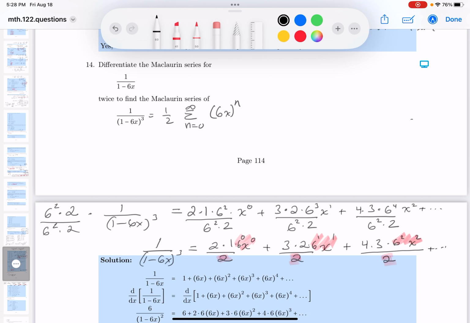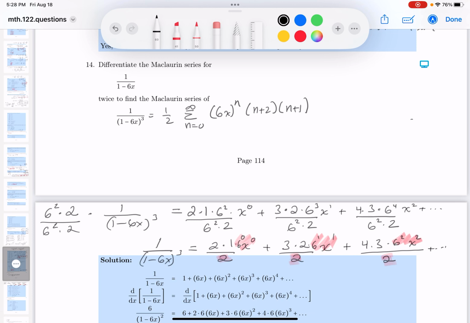Now let's look at these other guys. You've got 2 times 1, 3 times 2, 4 times 3. So I'm going to say it looks like, and I'll be careful about it, n plus 2 and n plus 1. And before I say that's what it is, I want to see if that's what it is. All right, so if I took n to be 0, I'd get 2 times 1. That looks okay. If I took n to be 1, I'd get 3 times 2. That looks okay.